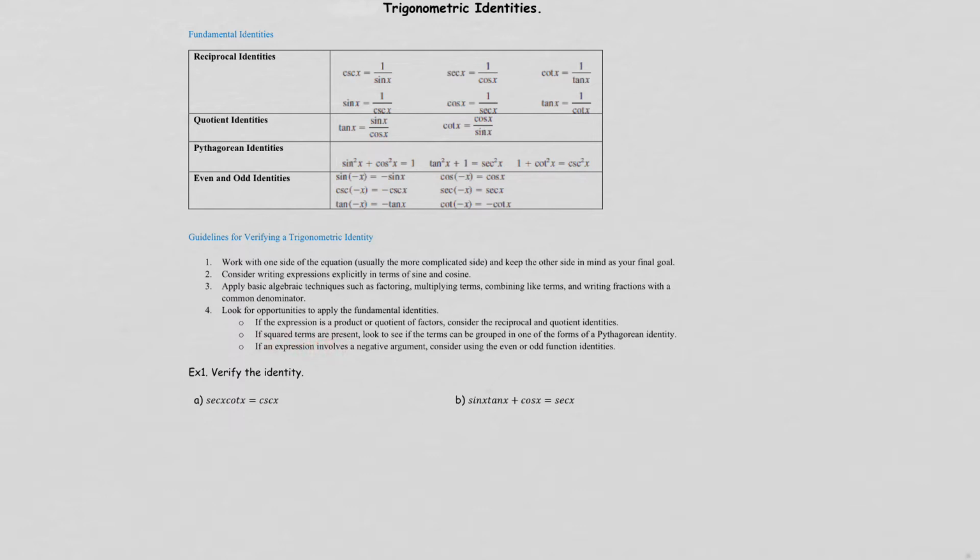If square terms are present, look to see if the terms can be grouped in one of the forms of the Pythagorean identity, because the Pythagorean identity is the one that has all these squares, right? And if the expression involves negatives, then consider using the even and odd function identities.